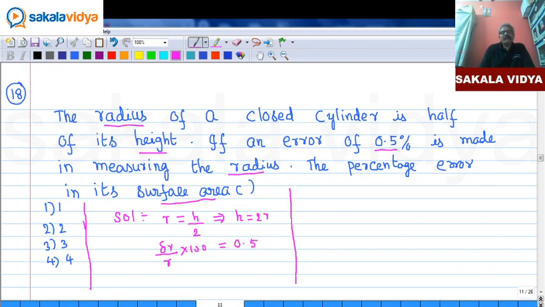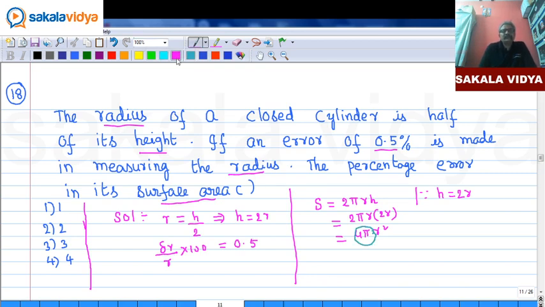Now, the surface area of a cylinder S is equal to 2 pi r h, but here we have two variables. That means we need to change into one variable, put h is equal to 2r. This is 2 pi r into 2r. This becomes 4 pi r square. Now here 4 pi is constant, which means S is proportional to r square.